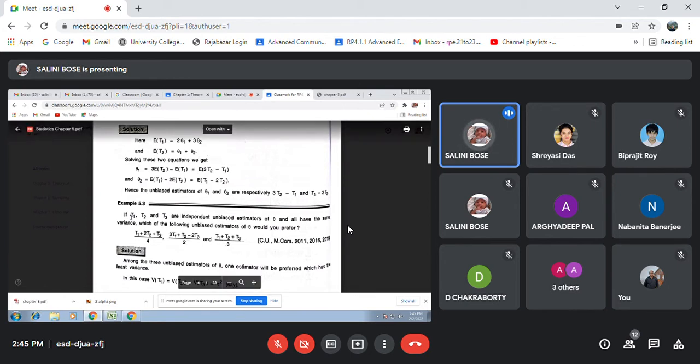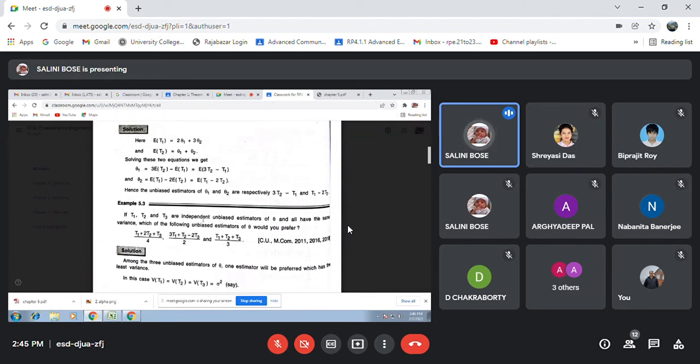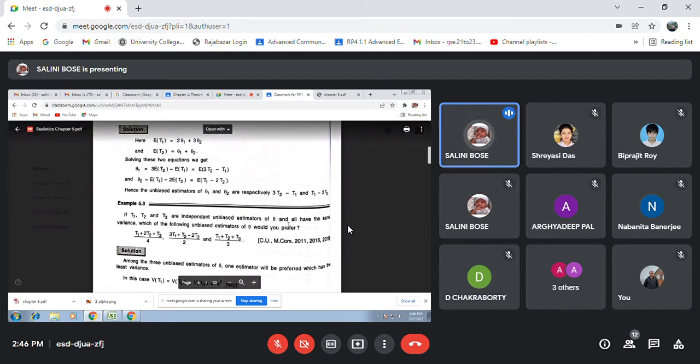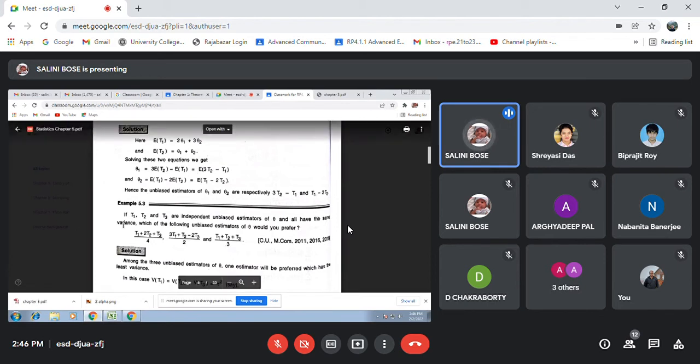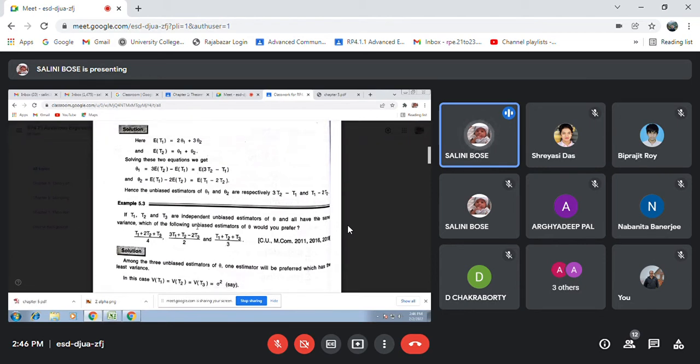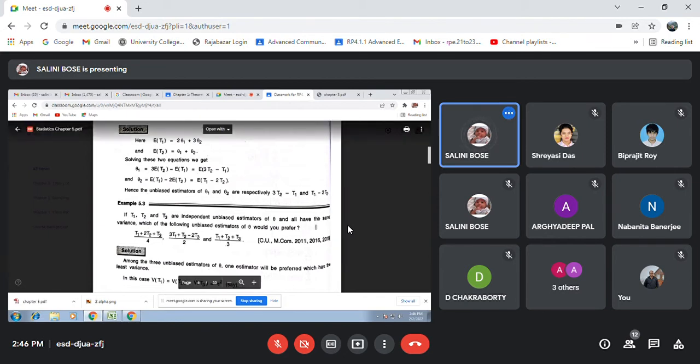You got the question? If T1, T2, and T3 are independent unbiased estimators of theta, and all have the same variance, like sigma square, then which of the following unbiased estimators of theta will you prefer?